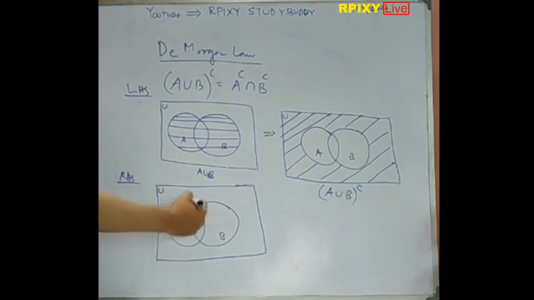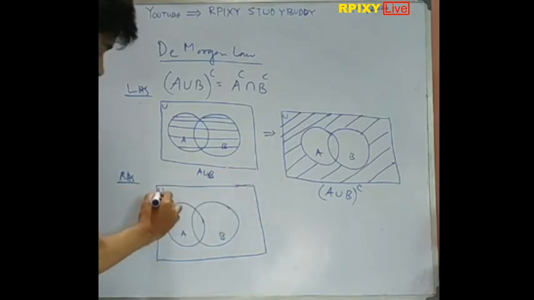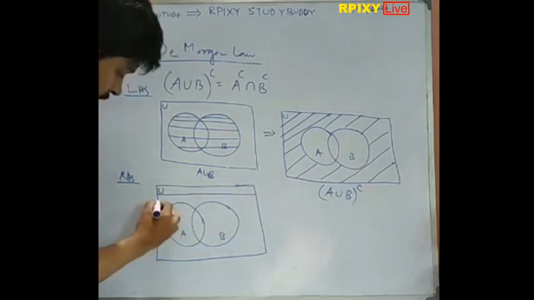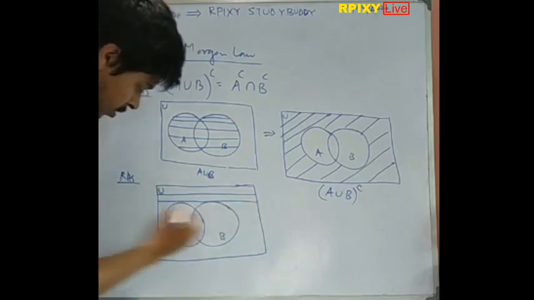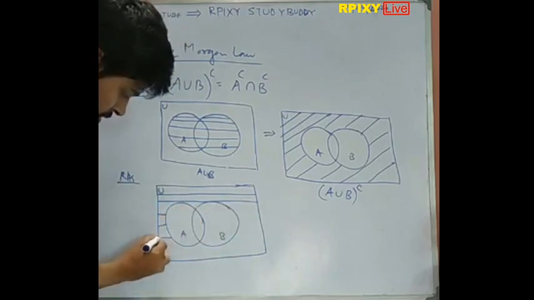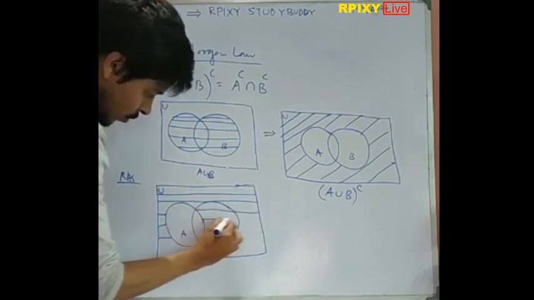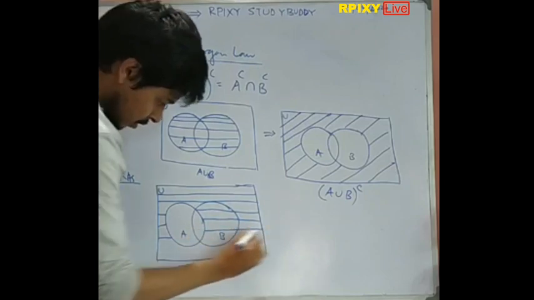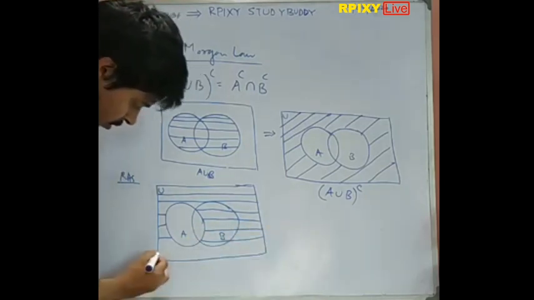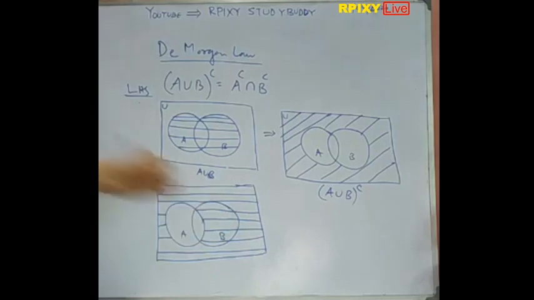Everything in the universal set except A. I am using horizontal lines for A complement. I am not taking the A set, eliminating only A from the universal set. I am writing here A complement, these lines.